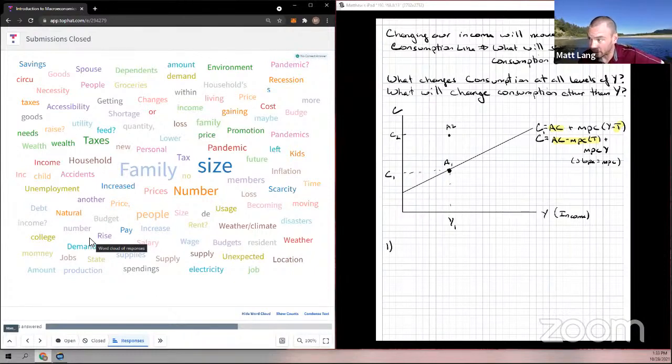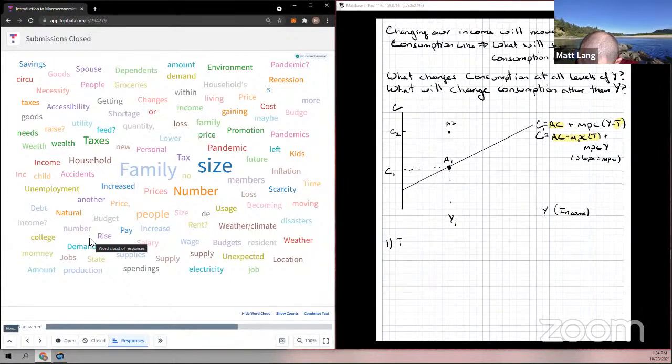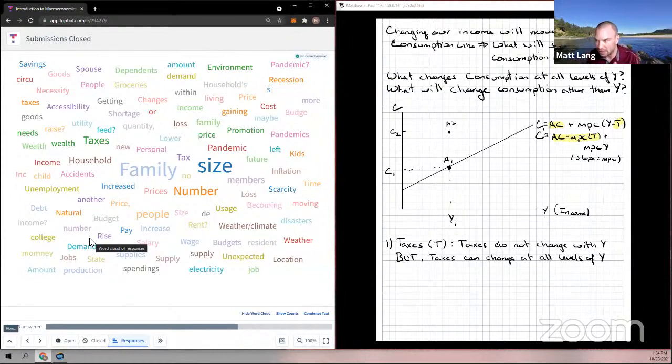So the first thing that we can think about changing our consumption function is going to be taxes, T. So remember, and I bring this up for a reason, taxes do not change with Y, but taxes can change at all levels of Y, right? So it's a little bit of a nuance there.